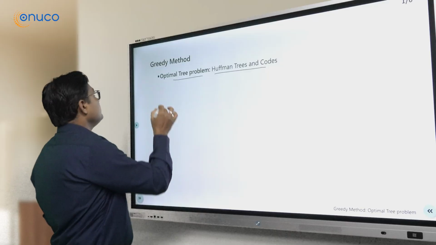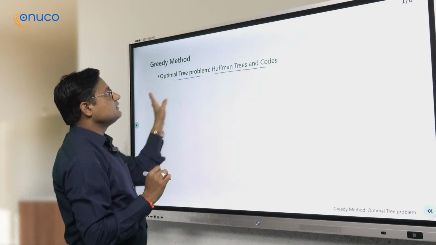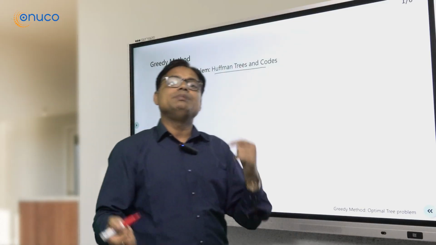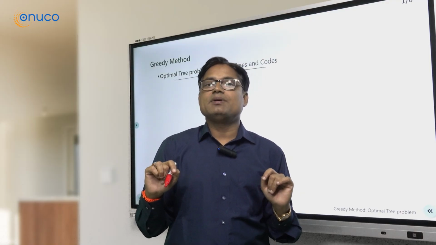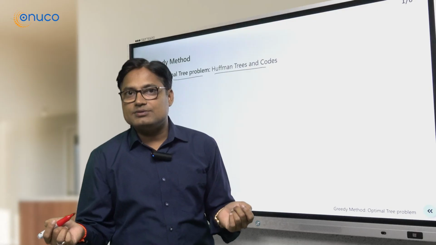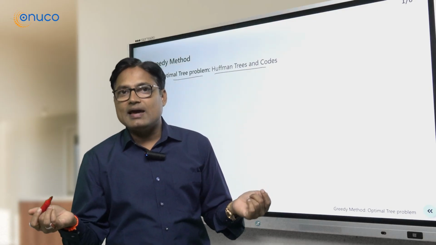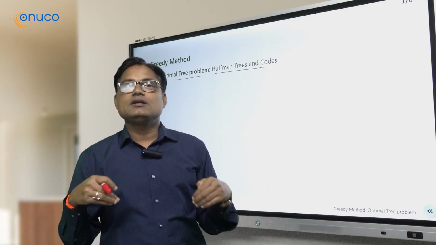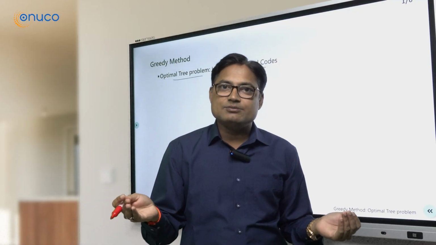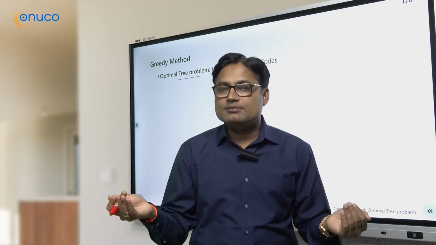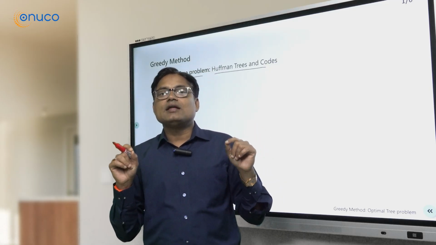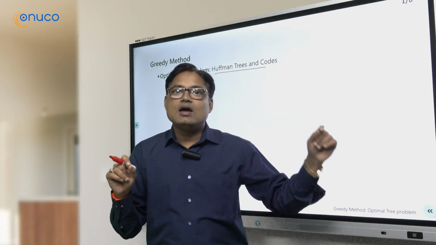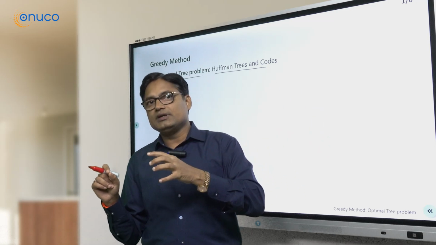But as you know, some letters in the English alphabet repeat more often. For example, A and E repeat more often among vowels, and among consonants S and T repeat more often. Hence Huffman coding says that rather than fixed length coding, I can go for variable length coding.